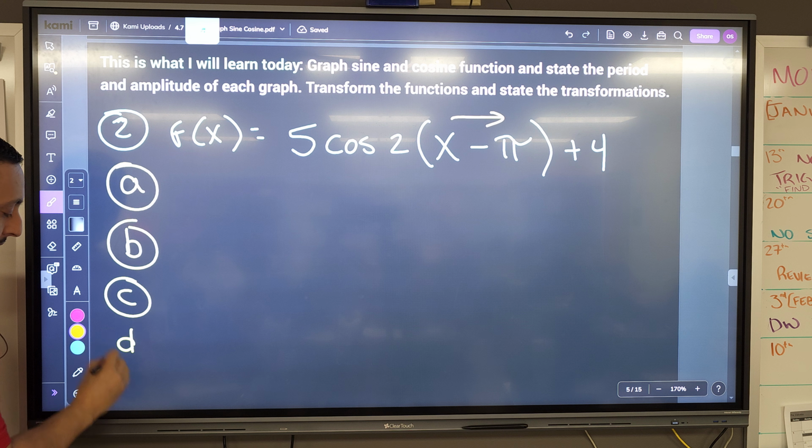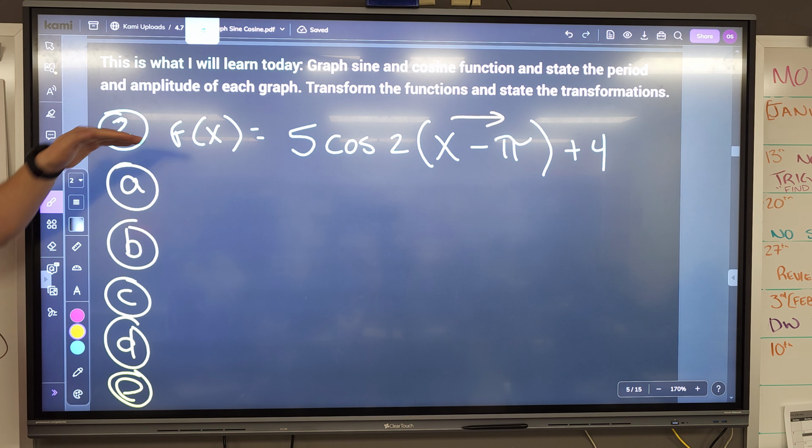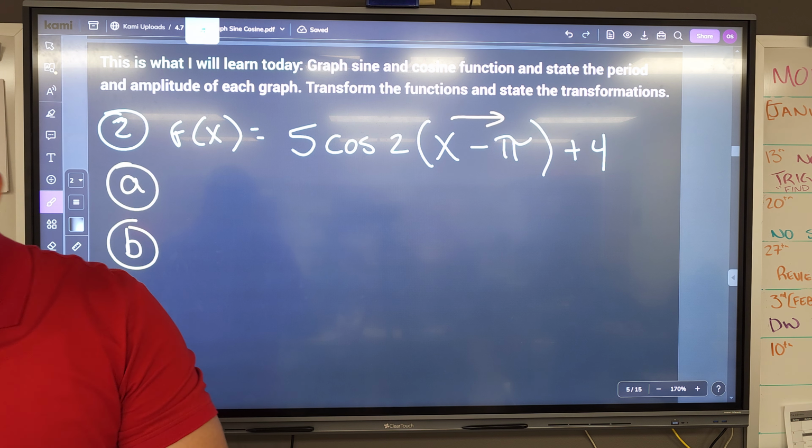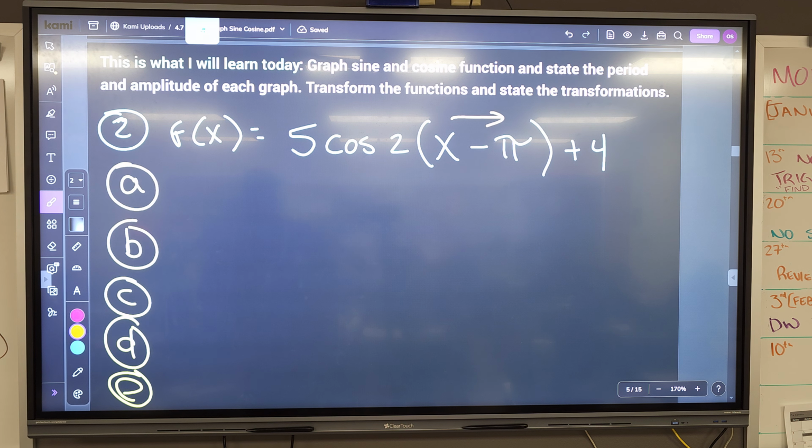But A, B, C, D, E. Write the transformations, and then what each one of these is. I'm going to give you guys 2 minutes. It probably won't make a lot of sense at first, but it's easy. So just watching this is your best.